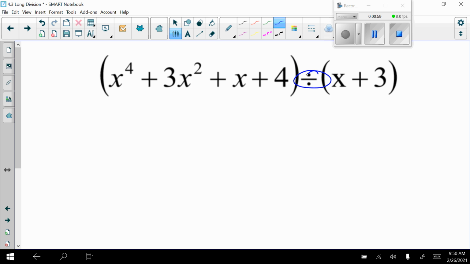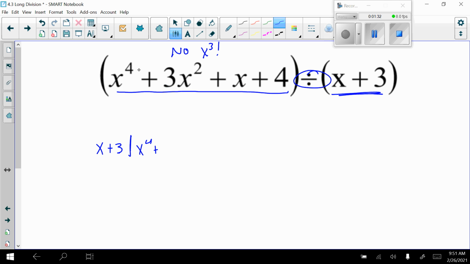So we're going to start by taking the divisor, or the thing that we're dividing by, and we're going to write that first. So x plus 3. And then I'm going to put the dividend, or the bigger piece, inside of this long division sign. But before I do that, notice how there's no x cubed in this polynomial right here.